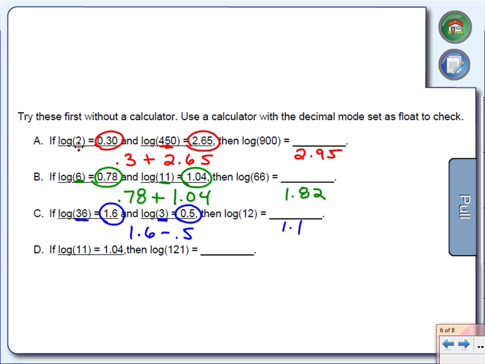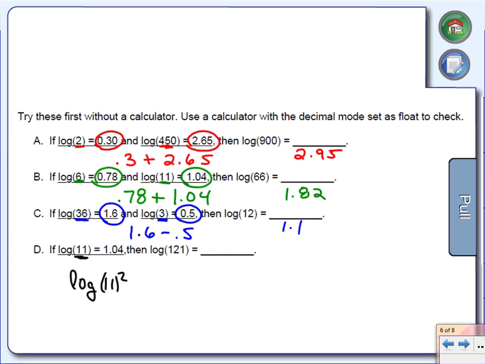And the last one here is the tricky one. If the log of 11 is equal to 1.04, then what is the log of 11 squared, 121? So how did I go from this to that 121? What did we do here? We times it by itself, or we squared it. Okay, so really what we had was log 11 squared.